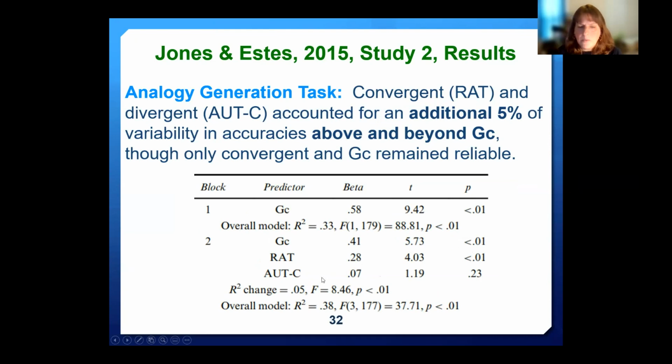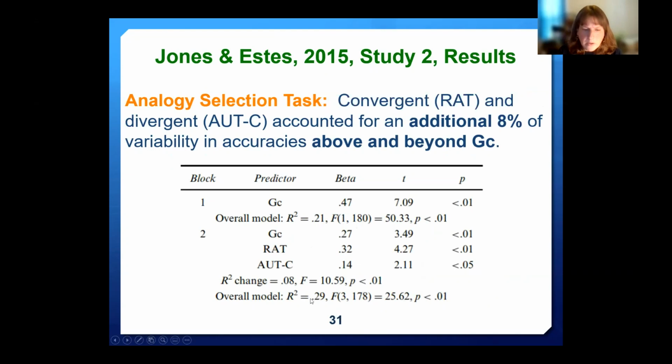So it was a reliable predictor in an earlier model that didn't include crystallized intelligence, but it wasn't quite strong enough to predict above and beyond crystallized intelligence in terms of the divergent thinking. And you can see the overall model here accounted for a nice portion of the variability. And same with this one, a little bit less in terms of the overall variability.